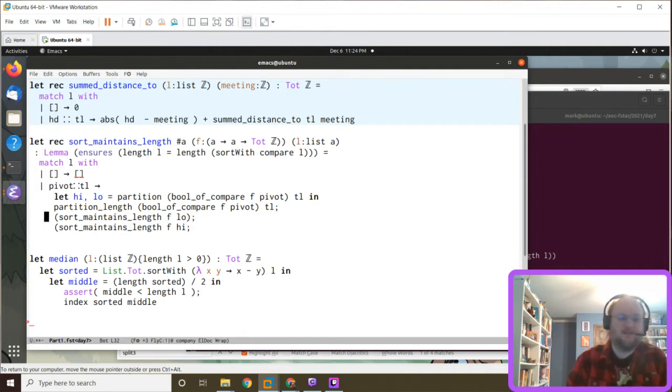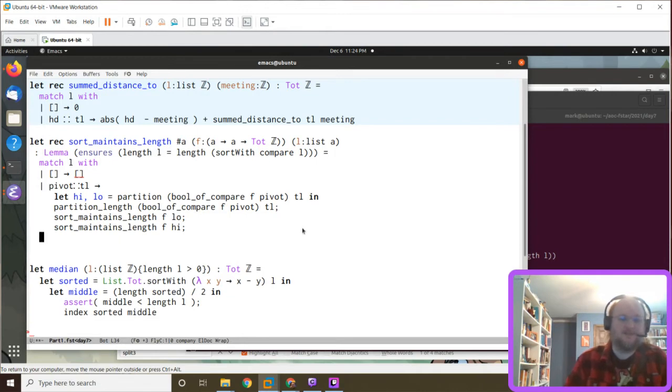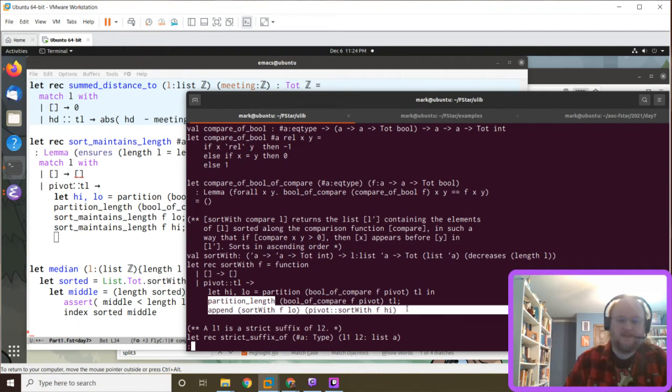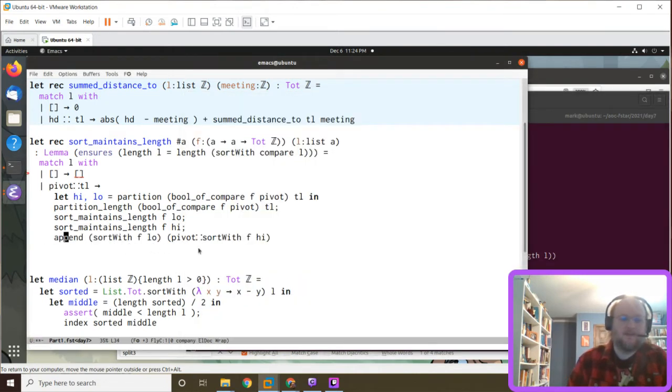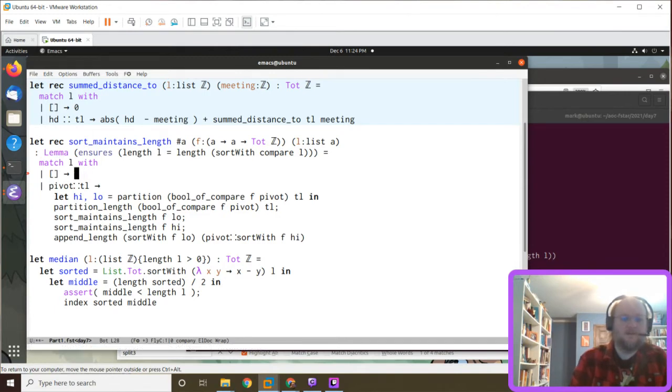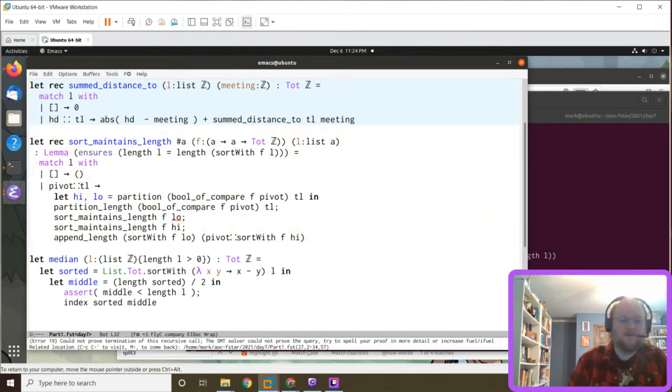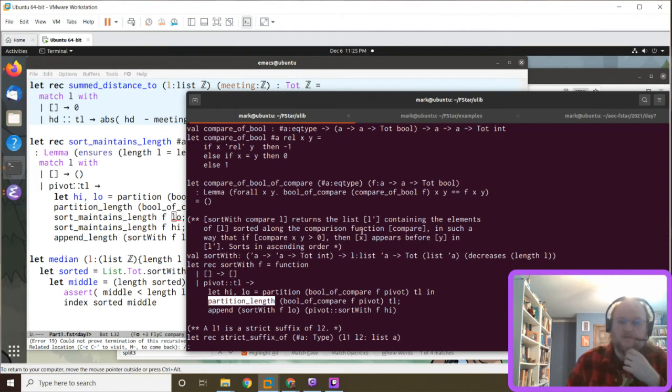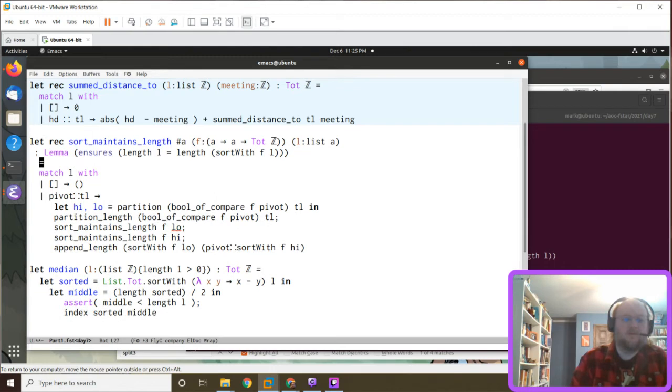All right, so we've got two recursive calls for the two halves of the partition, and then we need to say... okay.